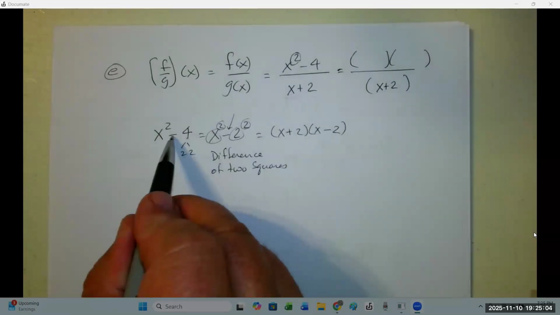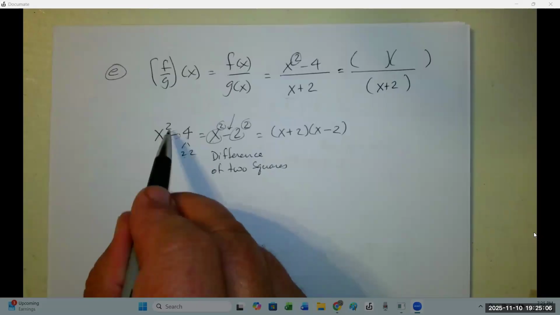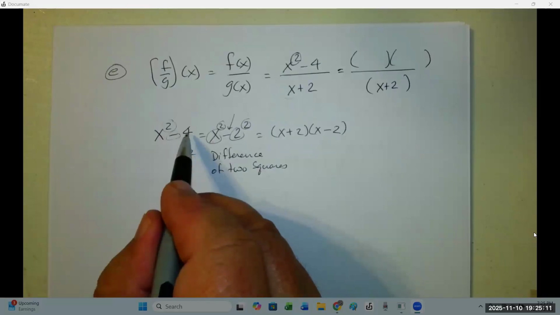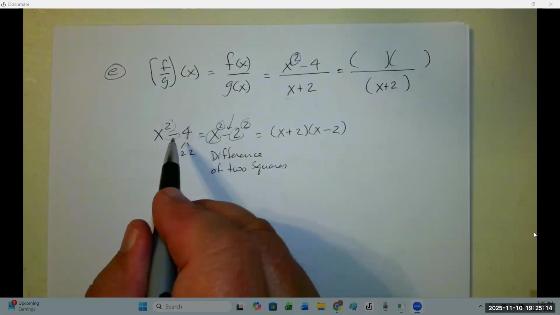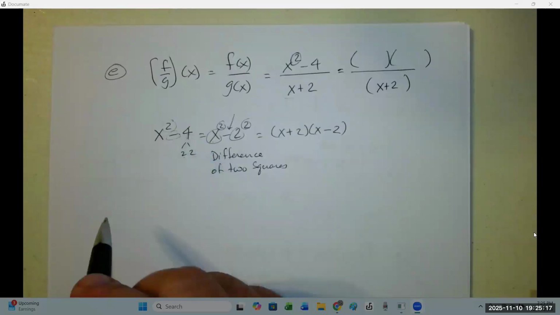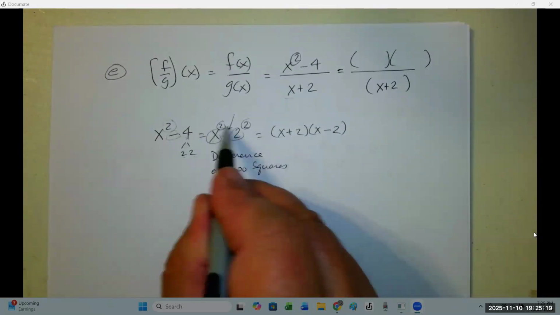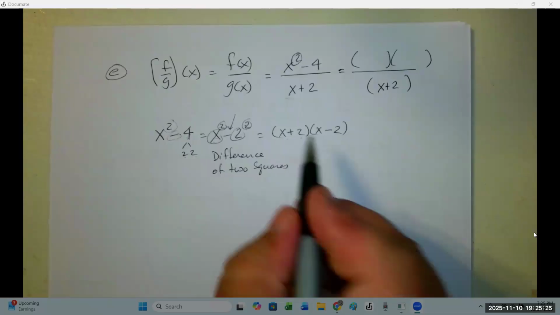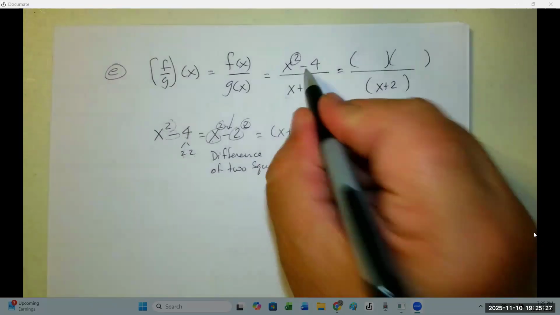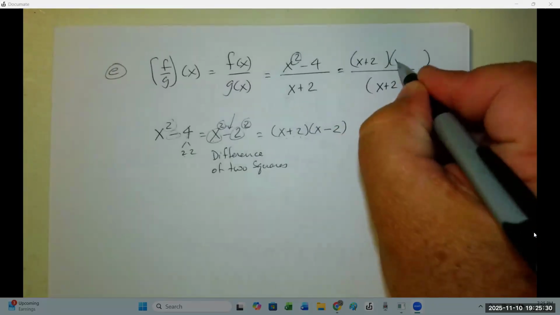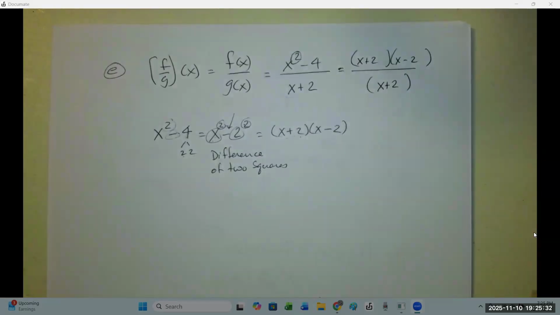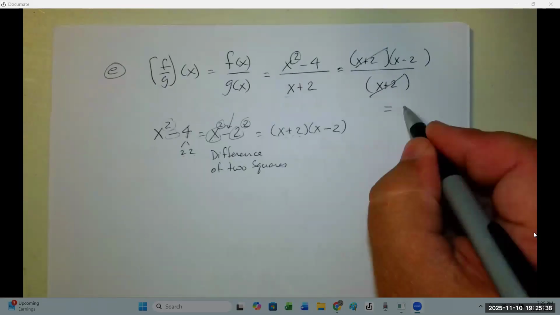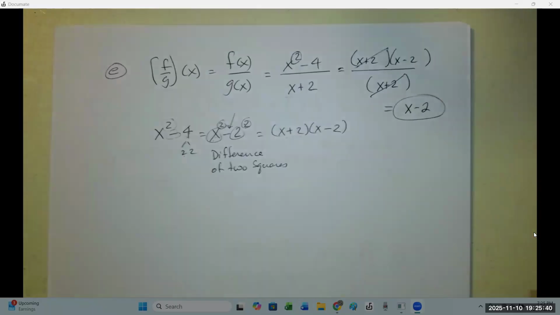Whenever you have a minus between two terms, and both are perfect squares, like 4, 1, 25 or 36, the numbers go inside the parentheses and I change the signs. So this one is x plus 2, x minus 2. So the x plus 2's cancel, which leaves me with x minus 2, and that's my answer.